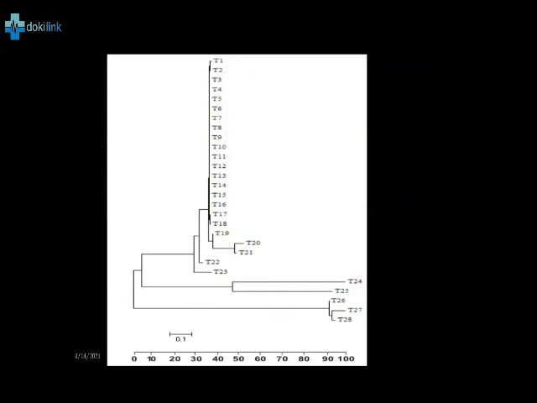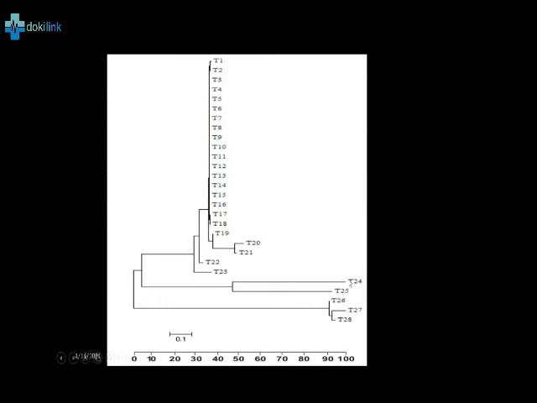From this next slide, you'll find that this is Candida tropicalis identified in a study. If you look at T1 to T19, they are within 40% homology, whereas T20 and T21 are within 50% homology.